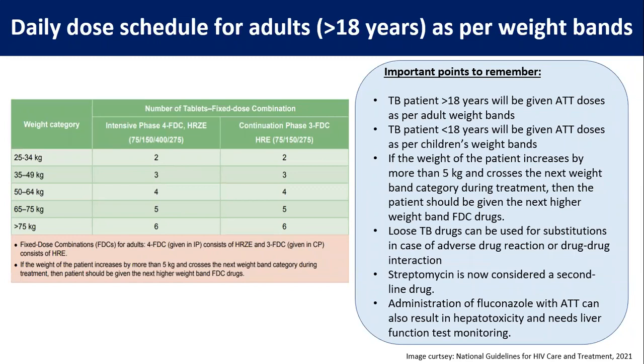Loose TB drugs can be utilized for substitution of any molecule from the first-line drugs if there is any drug-drug interaction or side effect. These loose drugs are not available in the ART center, so we'll have to refer the case to the DTC. Now, streptomycin, which was used in the first line, is no more used in first line. It is now being considered as a second-line drug.